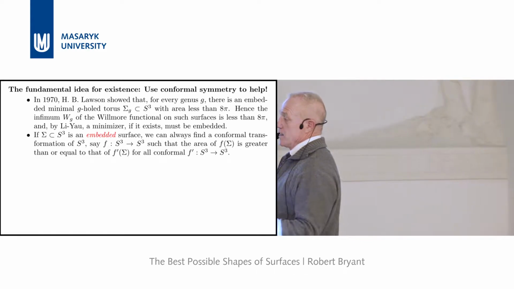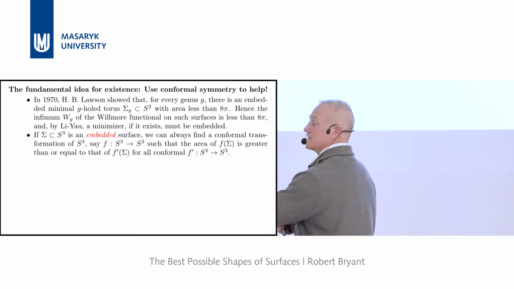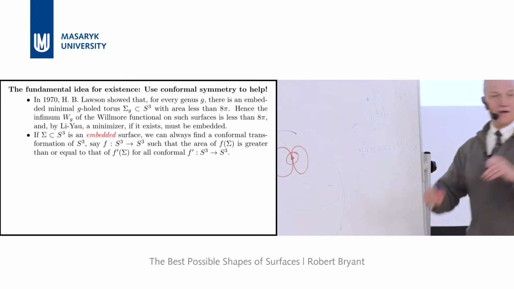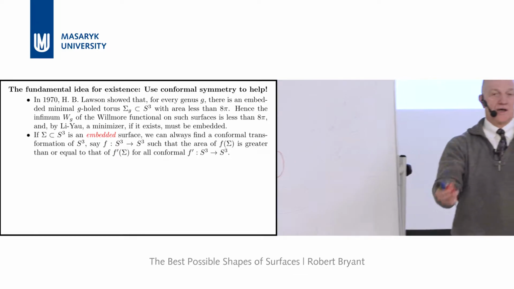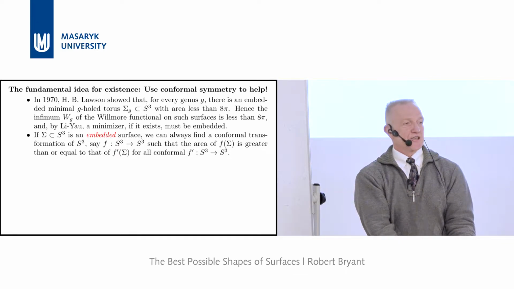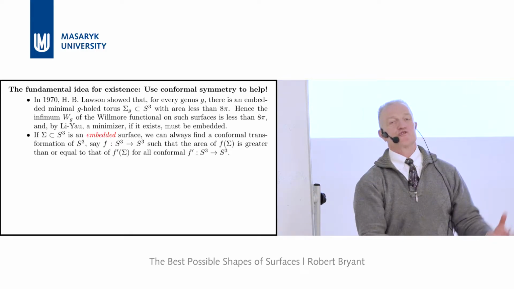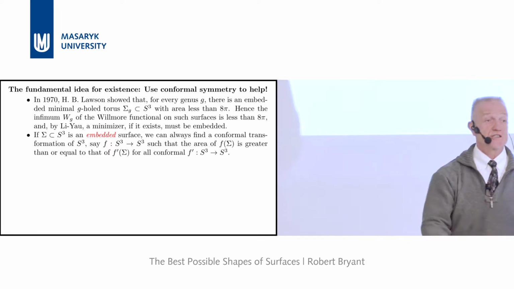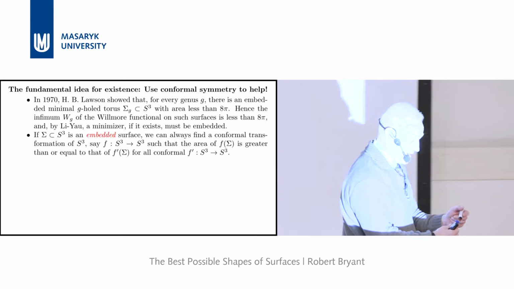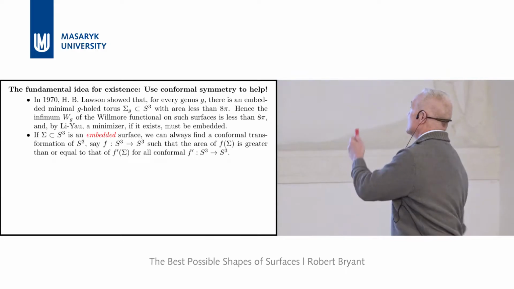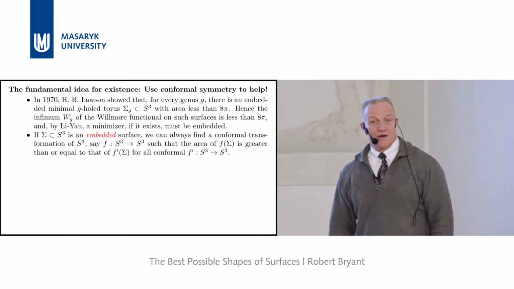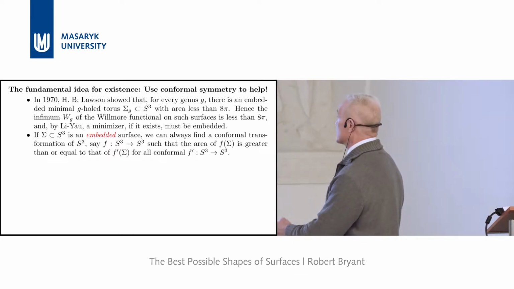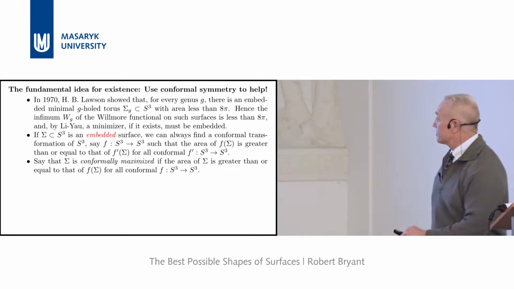And because they're tangent to each other, no matter how you dilate away from here, you can't make both of them a great sphere. So the total area, no matter how you conformally transform it, will stay less than 8 pi. It'll get as close to 8 pi as you want, but it'll never equal 8 pi. So you cannot achieve the maximum when it's not embedded. But when it's embedded, you can always conformally transform to get up to the maximum.